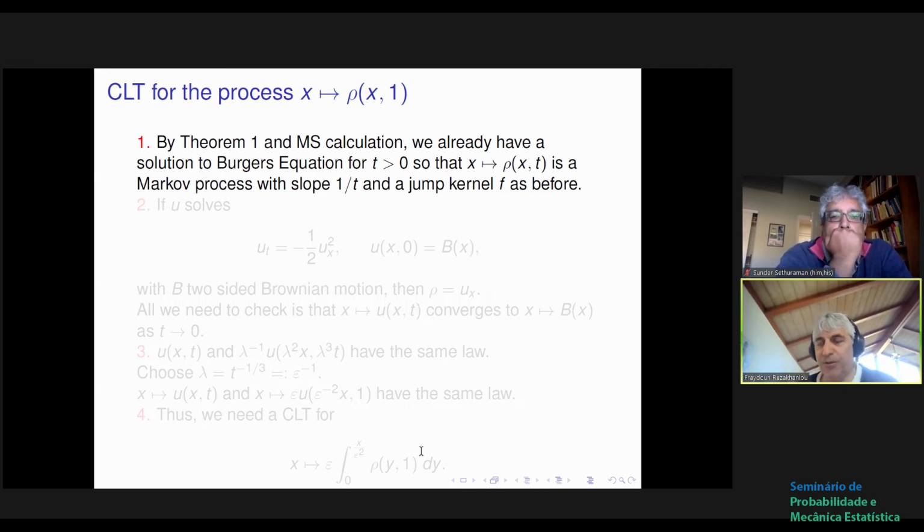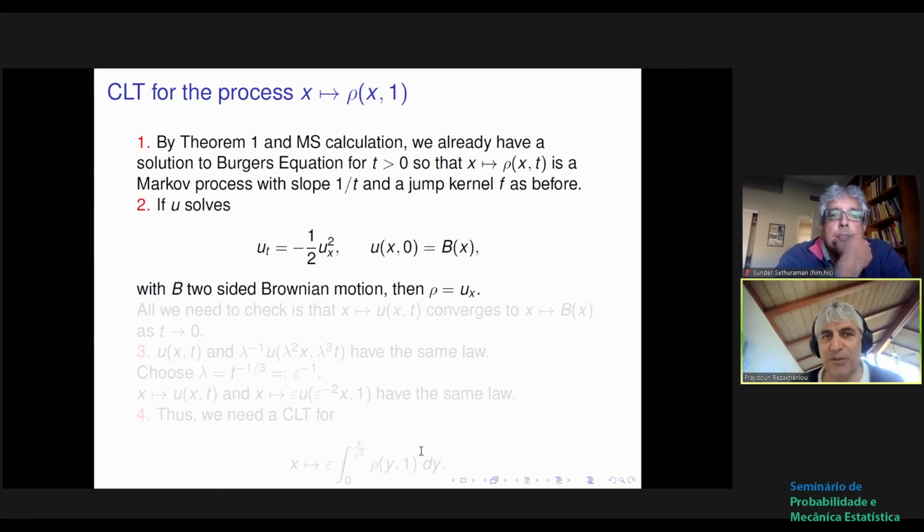So in other words, if you ignore the fact that at time t equals 0, this is white noise, for any positive time, it's just a Markov process, and it fits in the scenario that is treated by this theorem. So for positive time, everything is explicit.